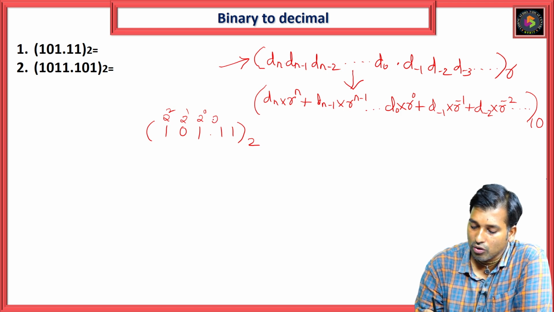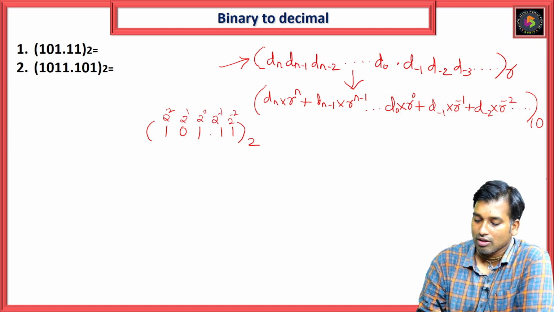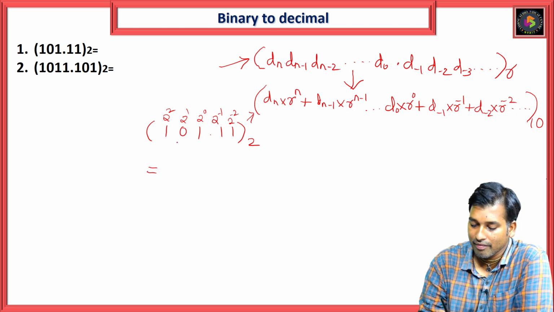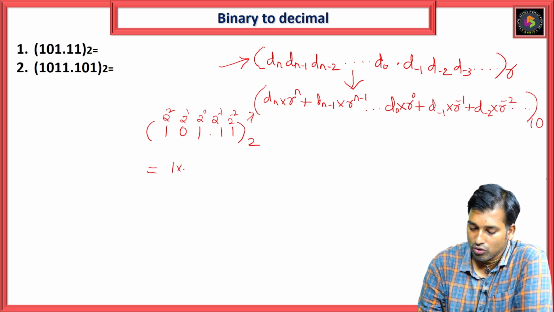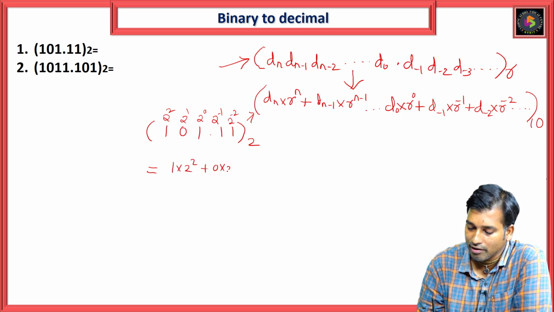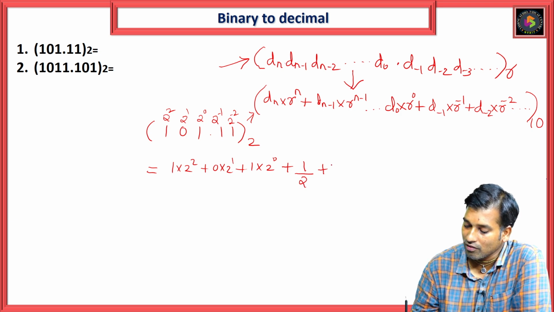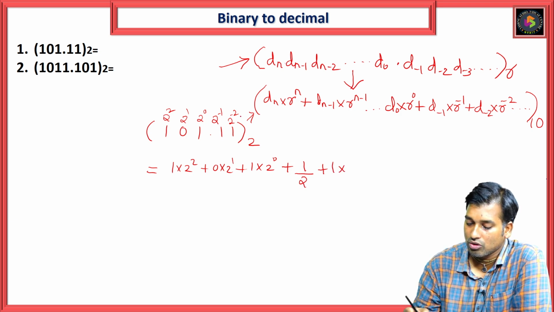Here 2 power minus 1, 2 power minus 2. By looking at this, how to do this? It's nothing but 1 into 2 power 2 plus 0 into 2 power 1 plus 1 into 2 power 0 plus 1 into 2 power minus 1, which is 1 by 2, plus 1 into 2 power minus 2, which is 1 by 4.